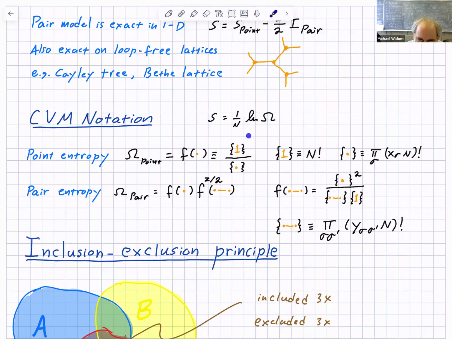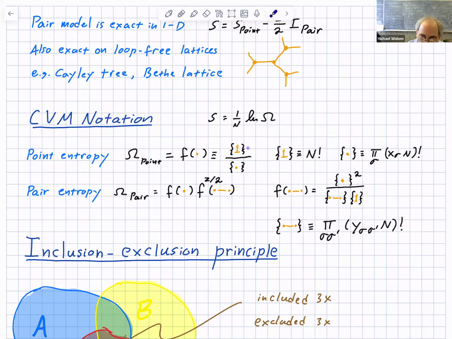What is the function f? The function f is the ratio of 1 divided by point. 1 is here to kind of keep the units right. And what is point? Point is the product over sigma equal plus or minus 1 of the factorial of x sigma n. Well, if we have 1 divided by this product of factorials, we have way too many n factorials in the denominator, and we need to fix it up with an n factorial in the numerator.